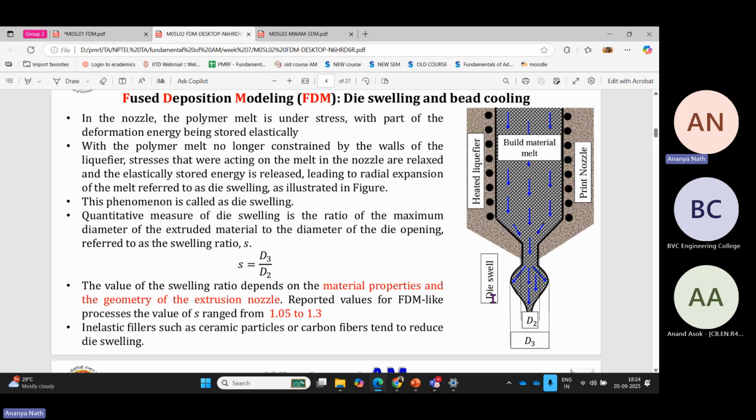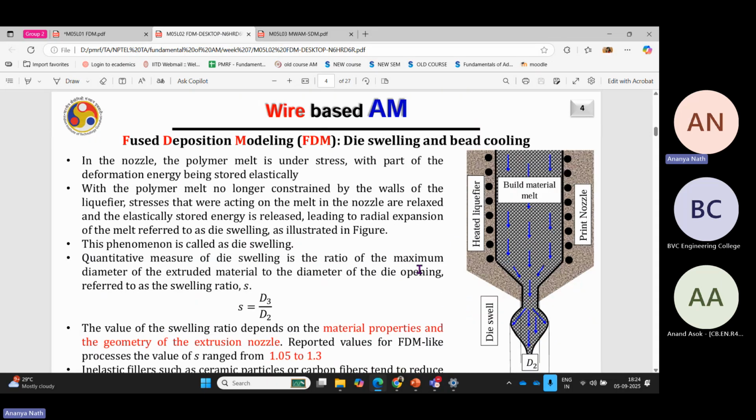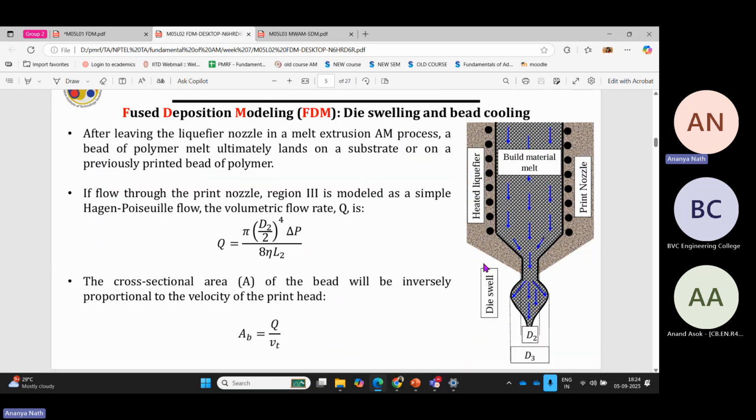If you have the die swelling structure in your machine, we have talked about the continuous case, and if I talk about drop on demand, the architecture will be a little bit different. Based on that, you can select how much volume flow rate of the liquid can come out of the nozzle depending upon which type of nozzle you are using.